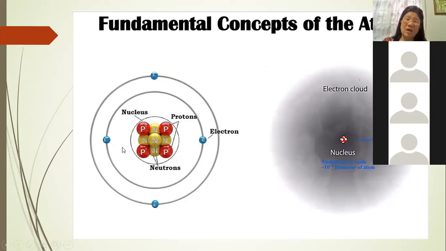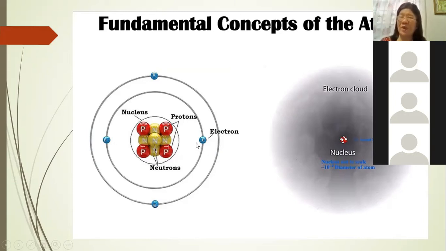In the nucleus, there are two subatomic particles: the neutrons, which bear no charge, and the protons, which have a positive charge. Revolving around the orbit, outside the nucleus, are the electrons.